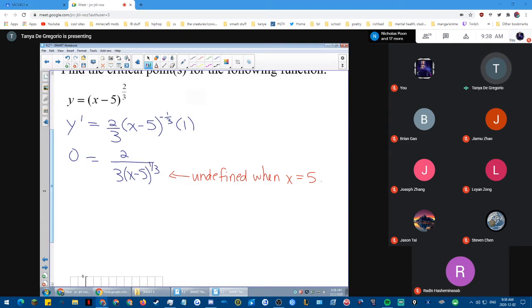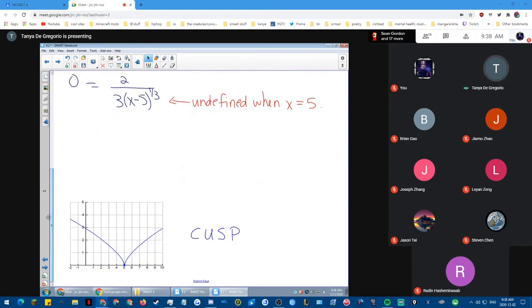There is a change going on here. What this is, and what gives it away, is the fact that the exponent is 1/3. This is a cusp. It looks like that. So what you're going to notice is there is something going on here. There is a critical point here, but I can't solve it. Why? Because the derivative is undefined. Okay, but there is a critical point there. How do I know there's a critical point?